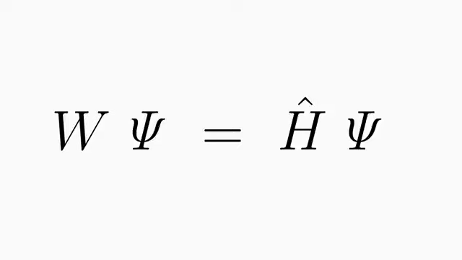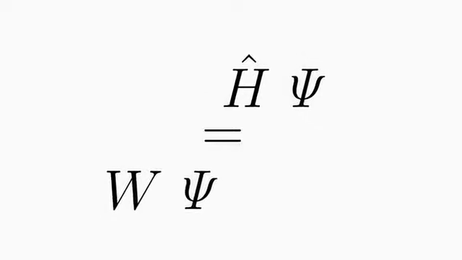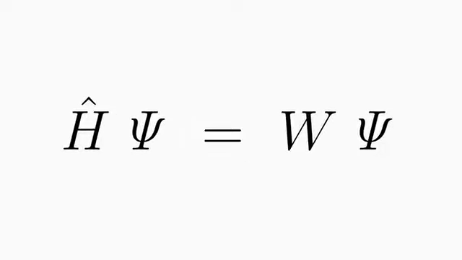Using the Hamilton operator, you formulated the Schrodinger equation as an eigenvalue equation, which you probably know from linear algebra. You apply the Hamilton operator, imagine it as a matrix, to the eigenfunction psi, imagine it as an eigenvector.